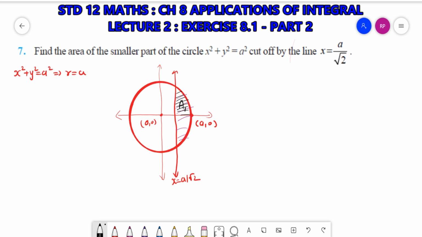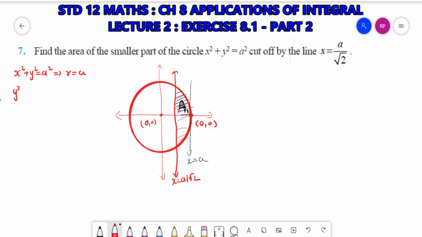Let's write on this A1 region. I will find it out first and I will multiply by 2. So first, this line x equal to a by root 2, and this is the other line that is x equal to a.